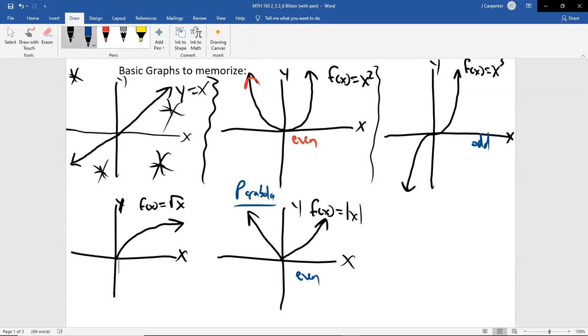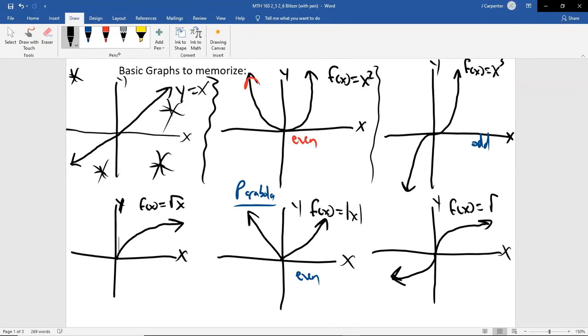Now finally, and admittedly, this is one I'm generally not throwing at students, but it is still good to know. Let's do better on that axis. Would be the cube root. The cube root of x.